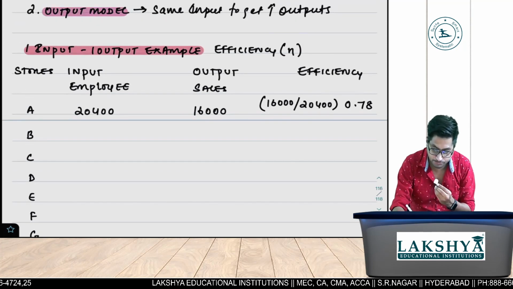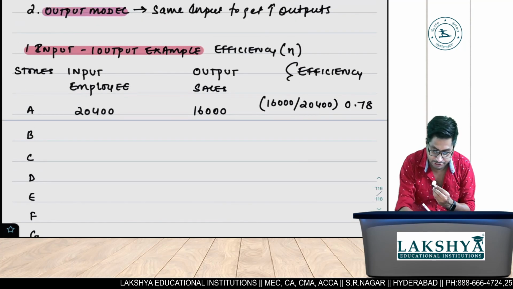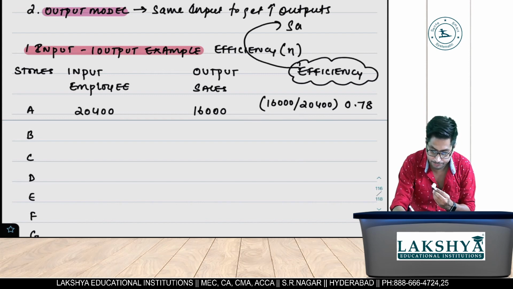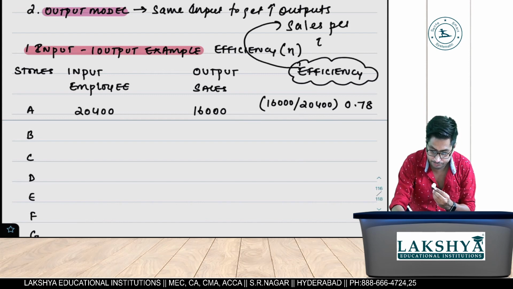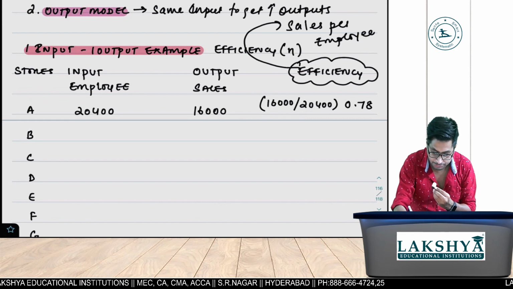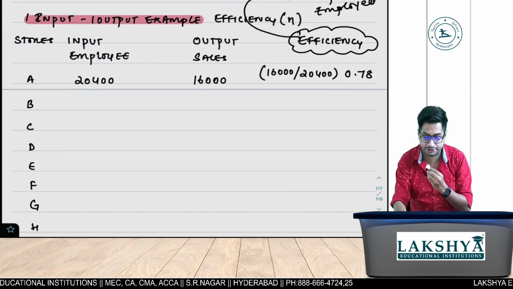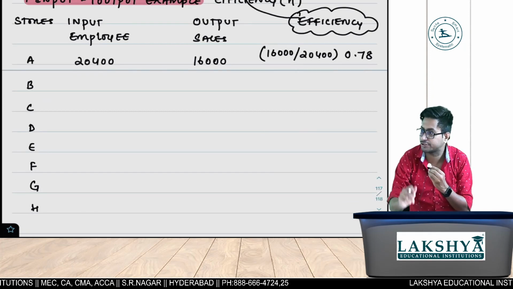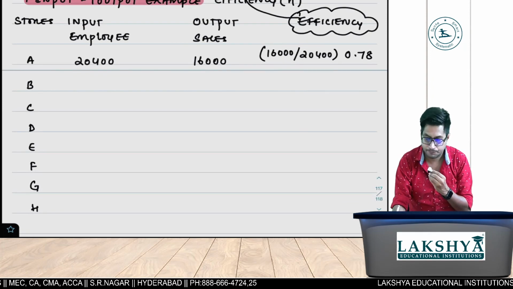In our case, efficiency is nothing but sales per employee. Matlab, if 20,400 employees are selling 16,000 units, how many units every employee sells on an average? It is 0.78.